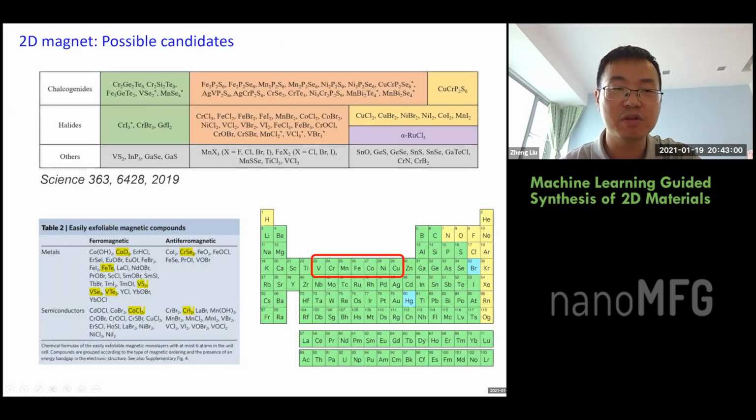Okay, this is the story about the TMDs. And recently, the 2D magnet is also a hot topic, right? There are a lot of potential applications for the 2D magnet. There are a few papers showing some possible candidates. And we were thinking, is there any way that we can grow the 2D magnet?